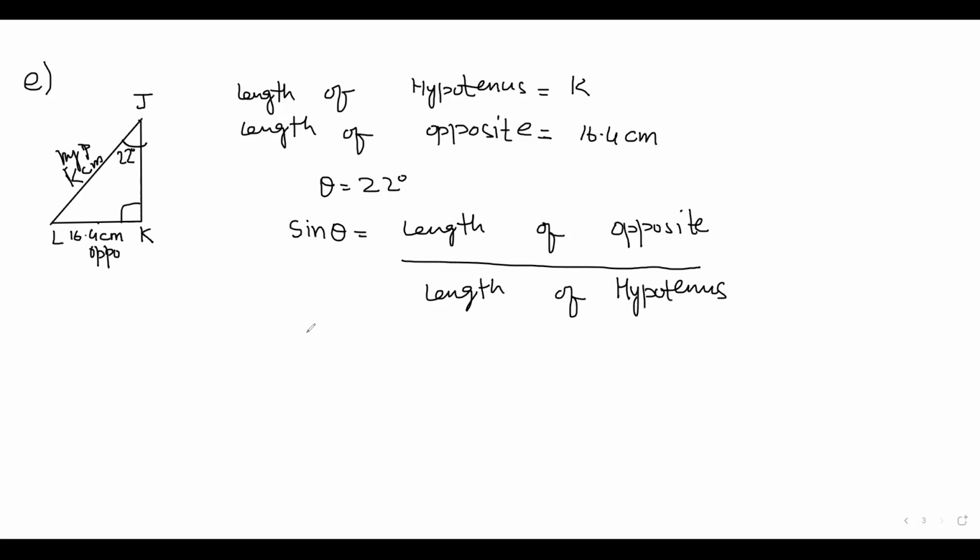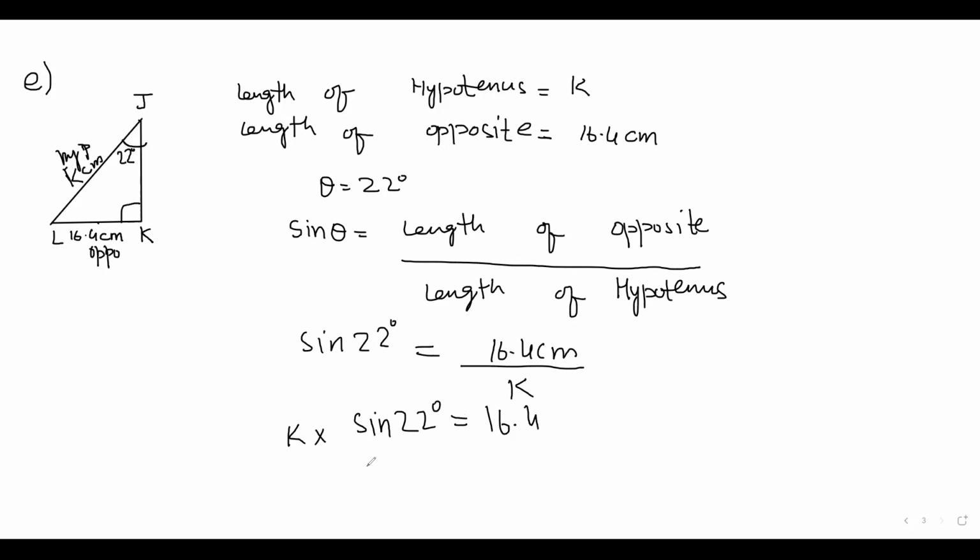So putting the values in the formula, since sine 22 is multiplied with k, it will divide 16.4 on the other side.